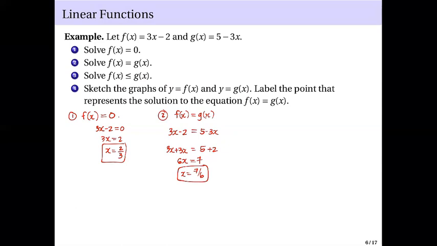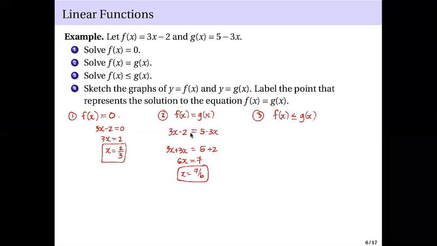For number 3, this time we want to solve f of x less than or equal to g of x. The solution will be very much similar to this, but instead of equality, we have the inequality, less than or equal.